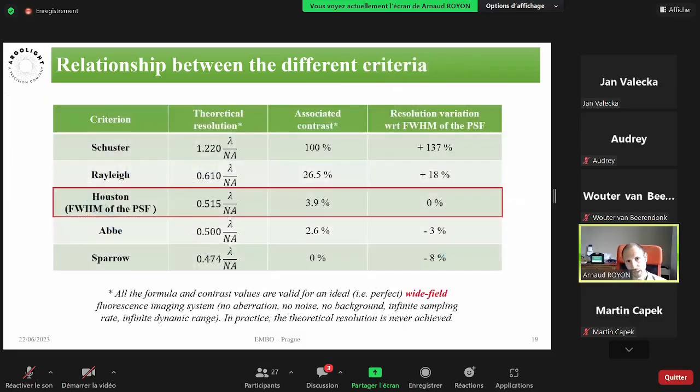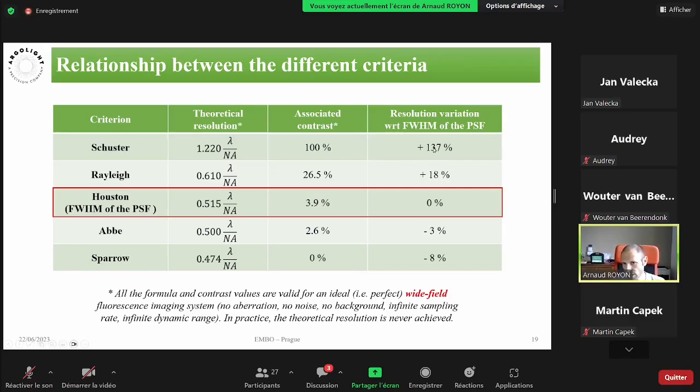And basically, if you want to compare theoretically how the different criteria within the two-point approach compare, then you can have a look at this table here, where for different contrasts, we have the theoretical resolution, the associated contrast here, and here you have the relative variation from one criterion with respect to the Houston criterion, which is the full width half maximum of the PSF.